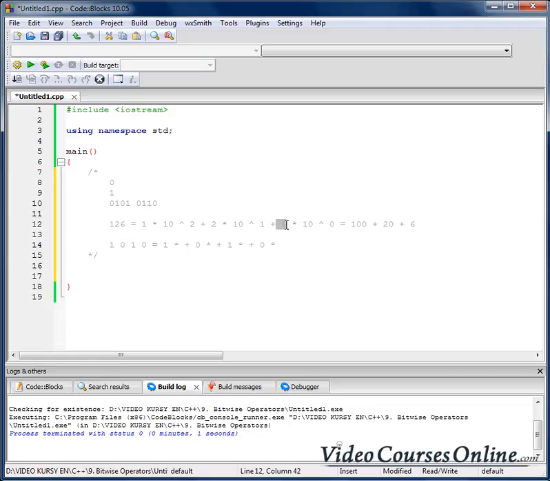Okay, and now we need to write what? We are using 10 here. Why 10? Because here we have decimal numbers. We are counting to 10, right? 0, 1, 2, 3, 4, 5, 6, 7, 8, 9, and those are 10 numbers already.